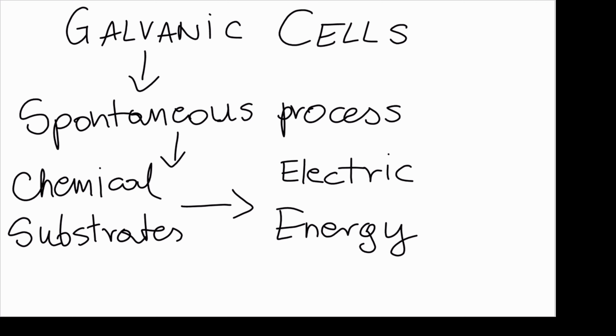These processes are spontaneous. Through these electrochemical reactions, chemical substrates, which are included in the galvanic cell, are converted into electric energy, and as a byproduct, we also obtain chemical products.